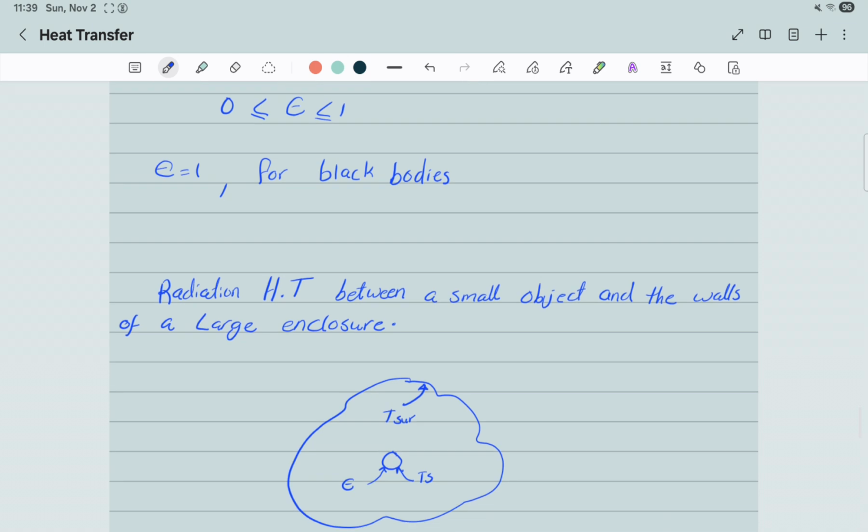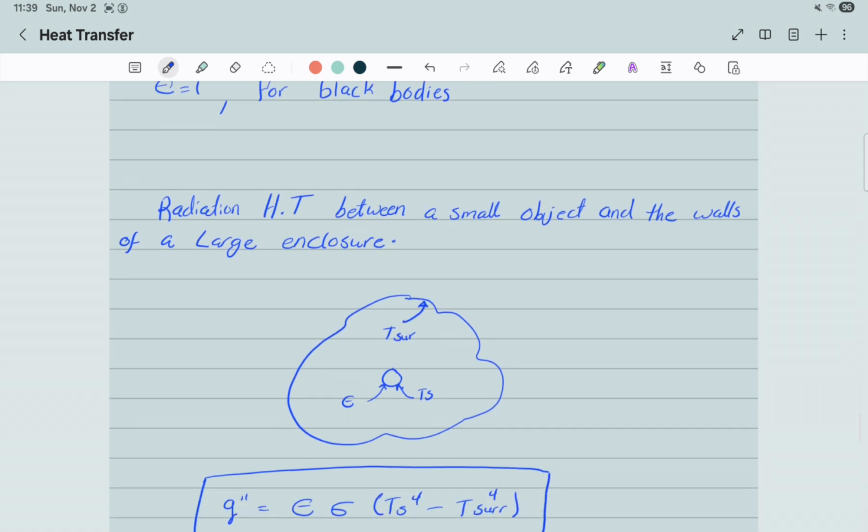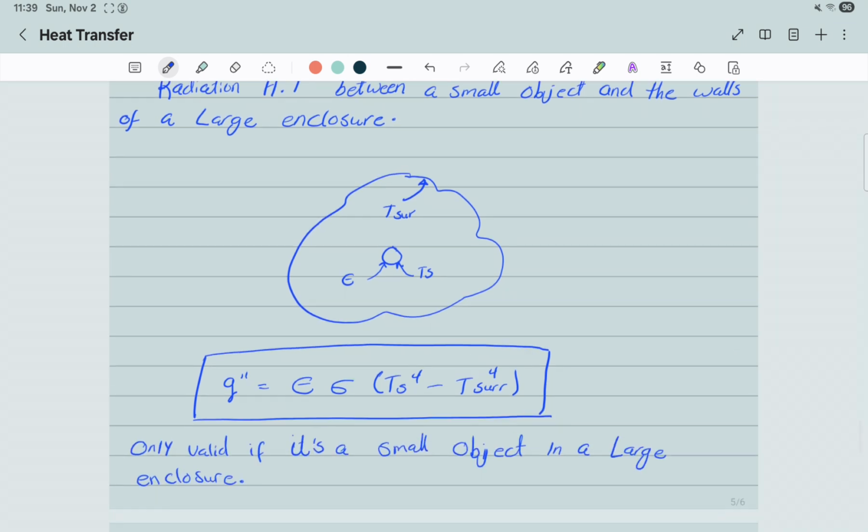Now, radiation heat transfer between a small object and the walls of a larger enclosure, for example a dime in a closed room, can be calculated using this formula below, which is heat rate per unit area equals the emissivity times sigma times (Ts to the power of 4 minus T surrounding to the power of 4).